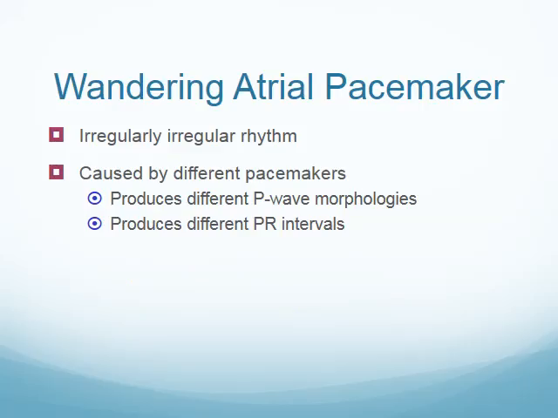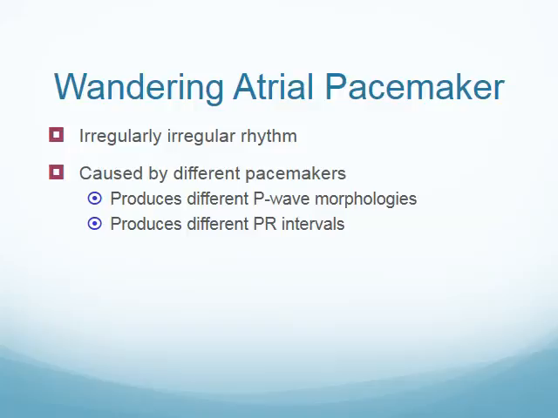We're going to talk about our next dysrhythmia that originates in the atria. Wandering atrial pacemaker. This is an irregular rhythm. It's caused by different pacemakers occurring in the atria.